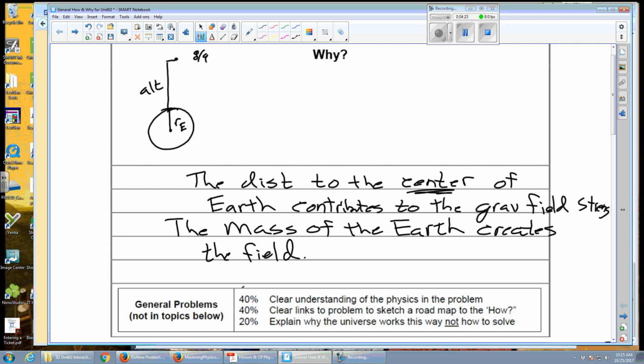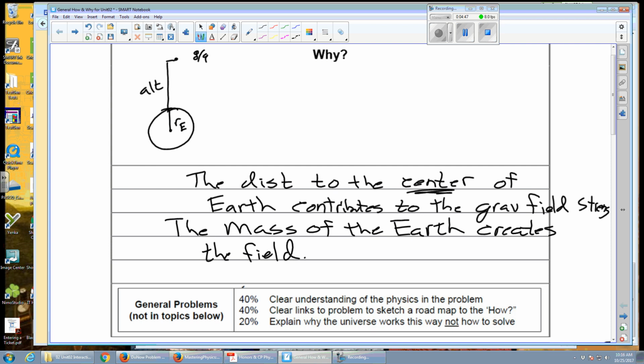Does there have to be something at that point to interact with the Earth? No. That's the idea of the field. It's created by the mass. It's a way to describe the influence the Earth has on the area around it. That's the difference between it and, say, a gravitational force on it.